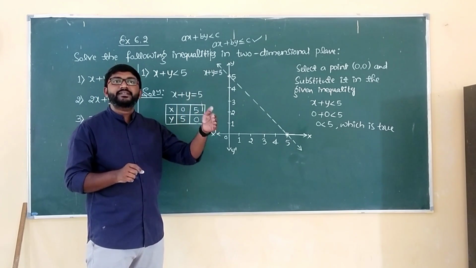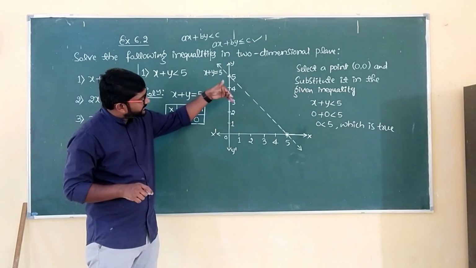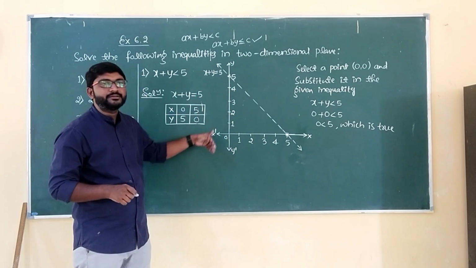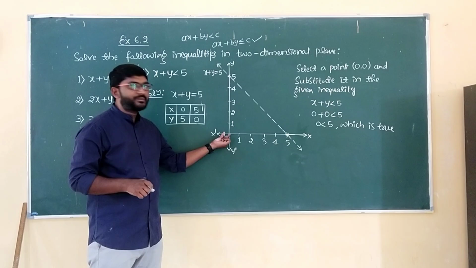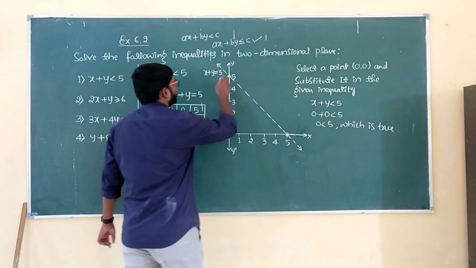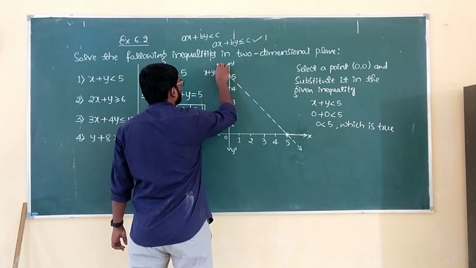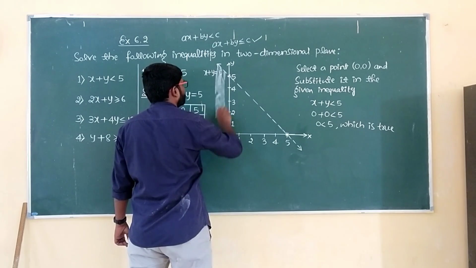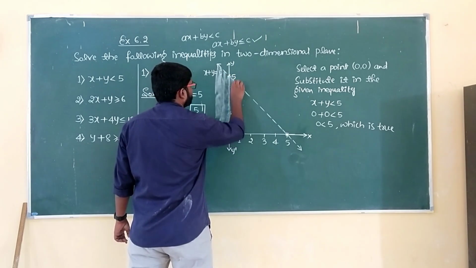Whenever it satisfies the given inequality, we have to shade the region towards the origin. Towards the origin means 0, 0. So let us shade the region now. This portion we will have to shade.